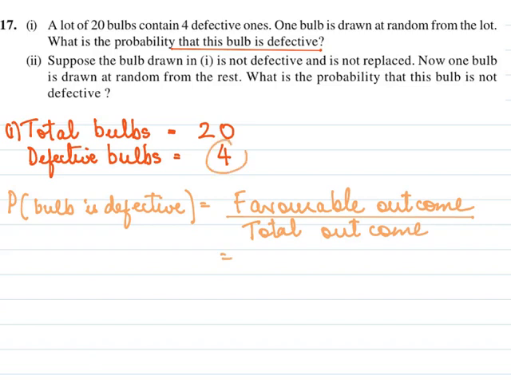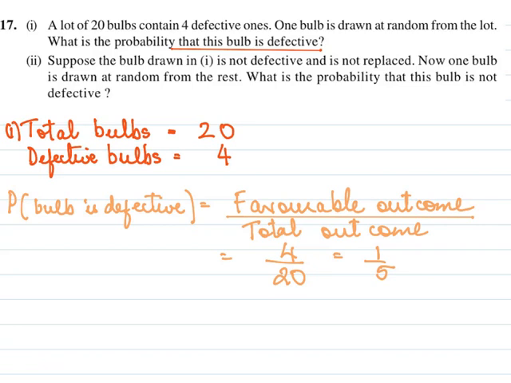Now here the favorable outcome is that of a defective bulb. So 4, total outcome 20. So it will be 1 out of 5, which is the probability of a defective bulb.